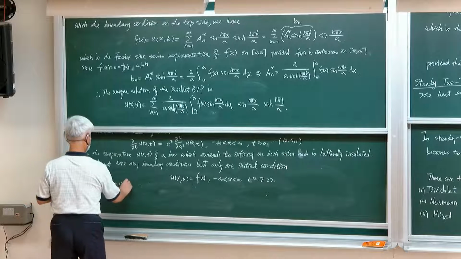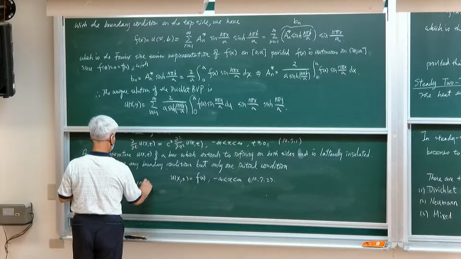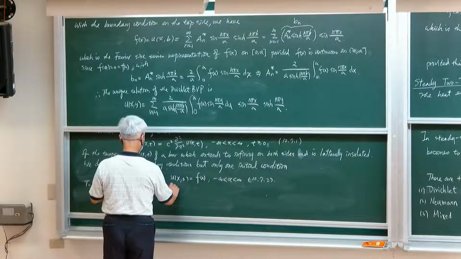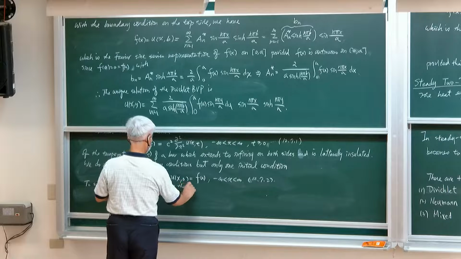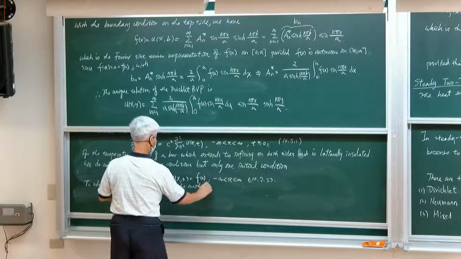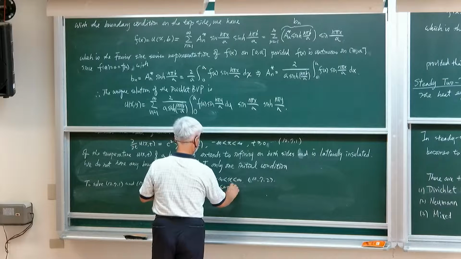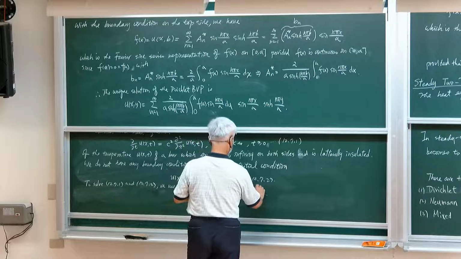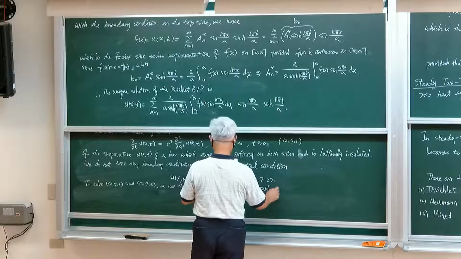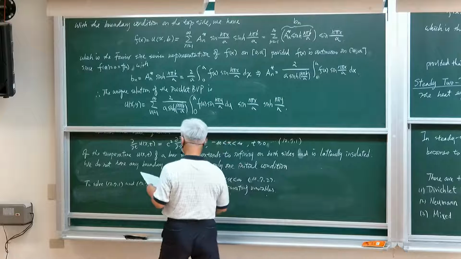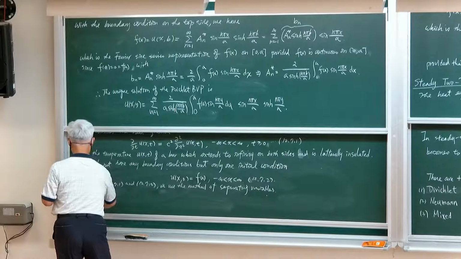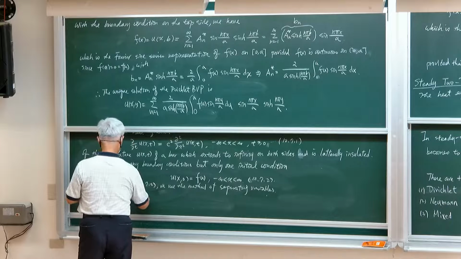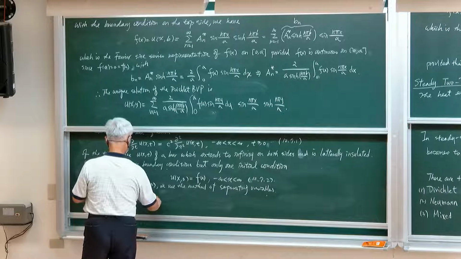Now to solve 12.7.1 and 12.7.2, we use the method of separating variables again. We let U of x, t be F of x and G of t again.